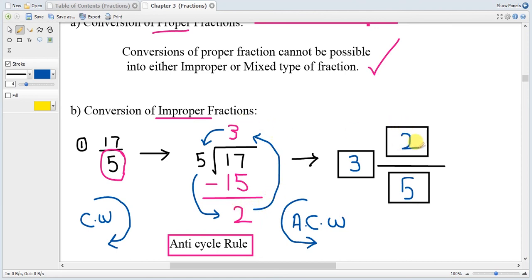Now we have successfully converted the improper fraction into a mixed fraction. I hope you have got the concept. We pronounce this as 3 whole 2/5, and this is your mixed fraction.